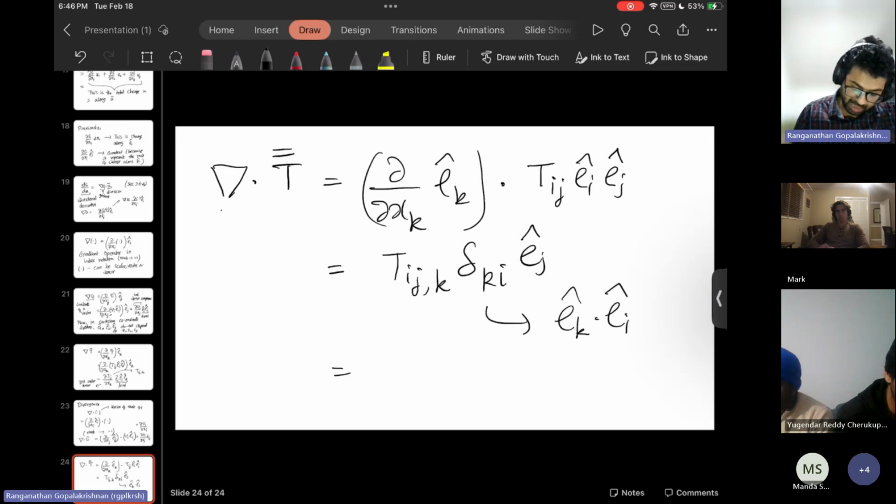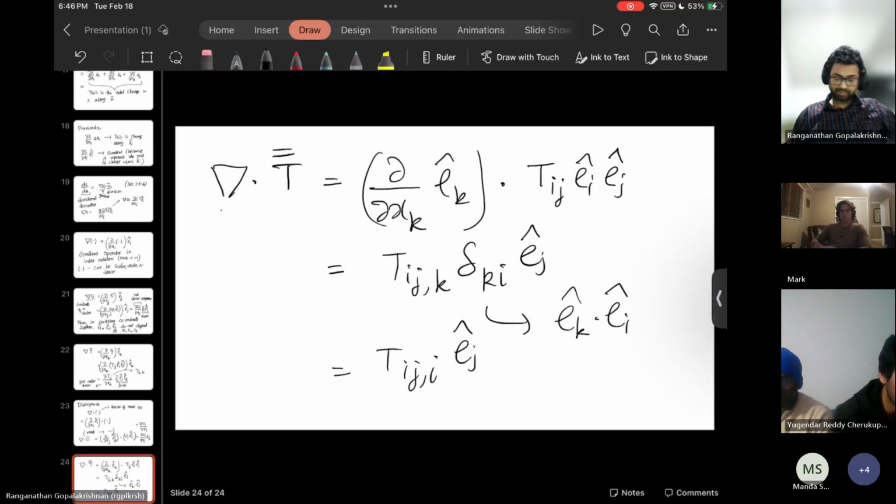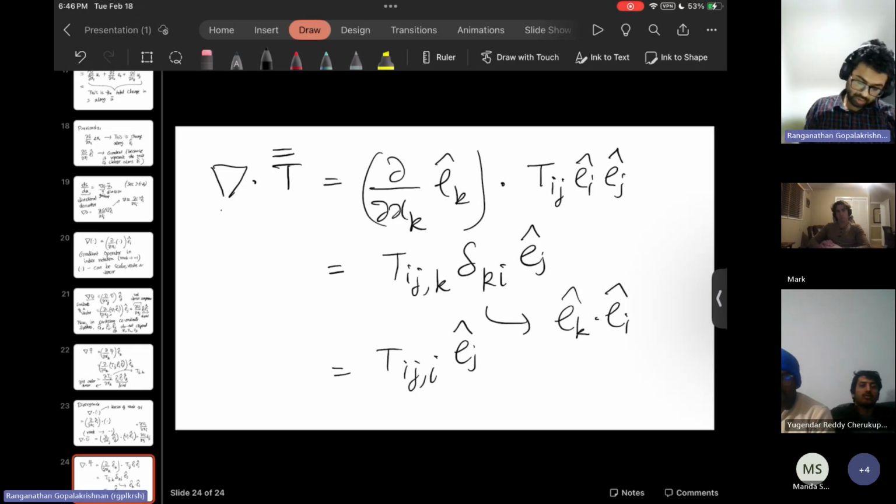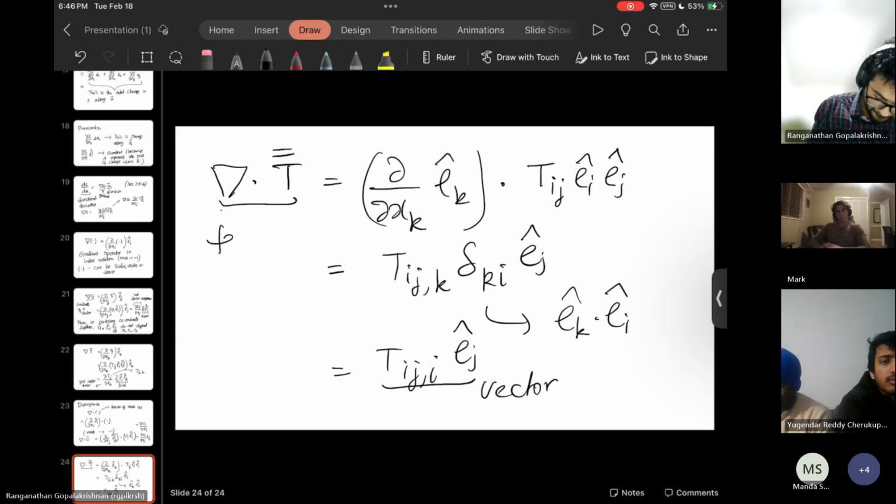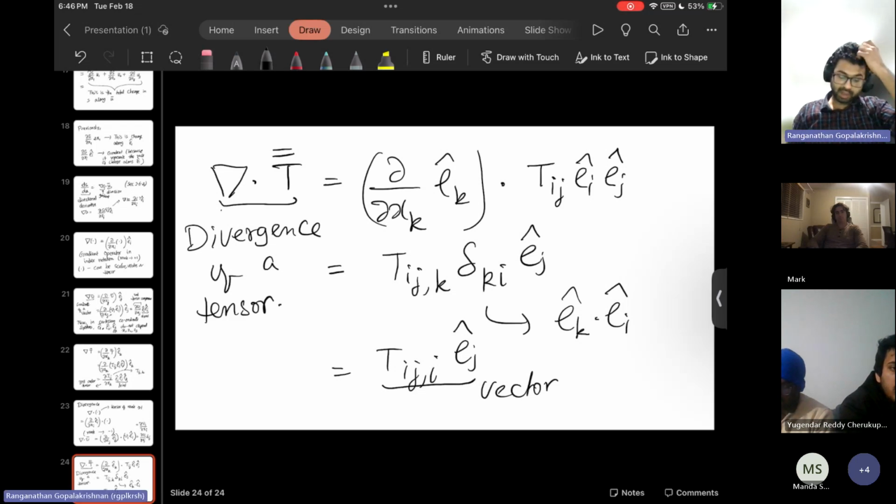So I have to set i equal to k. So this is Tij comma i ej. So divergence of a tensor gets you a vector. I told you that the rank always goes down by 1, right? So rank went from 2 to 1 in this case.